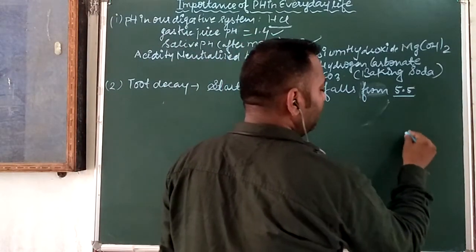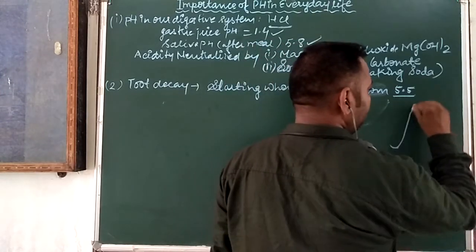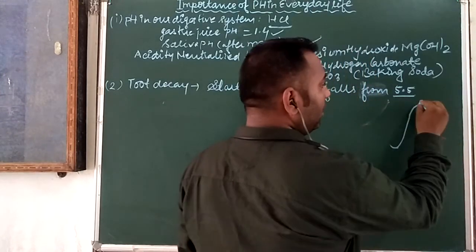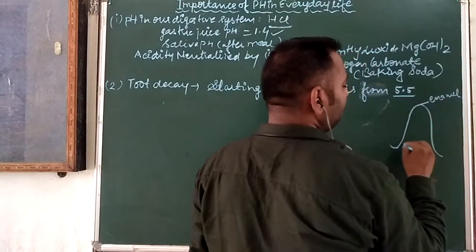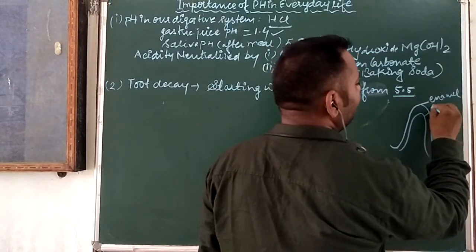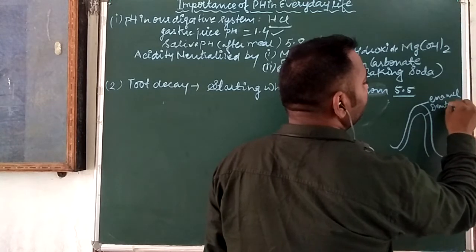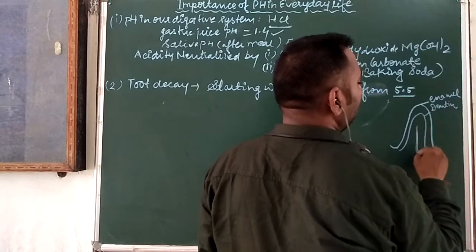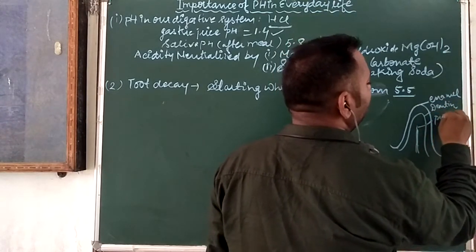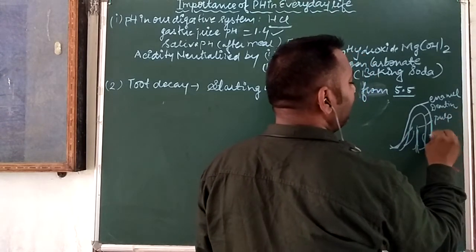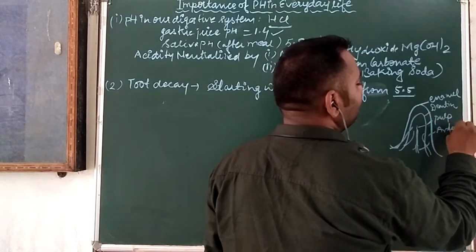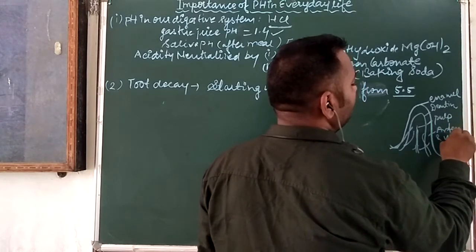Okay, a small structure like that. The uppermost is enamel. Then here is dentine. This is pulp, and somewhere here are arteries, veins and blood vessels.